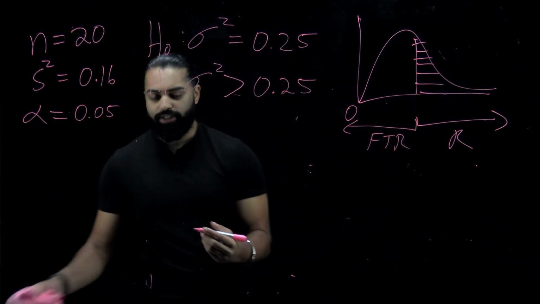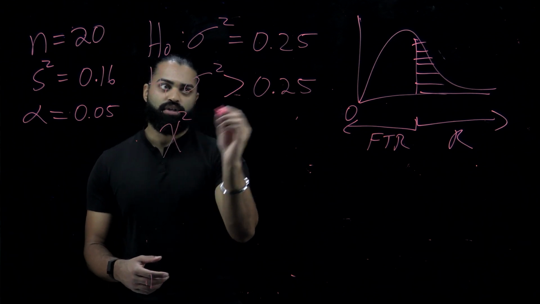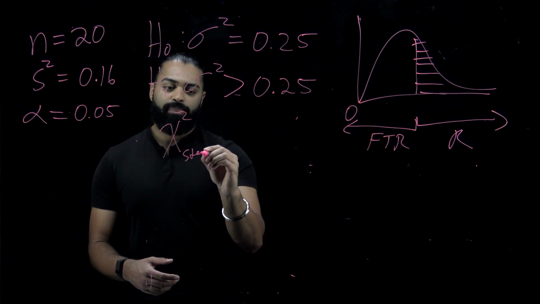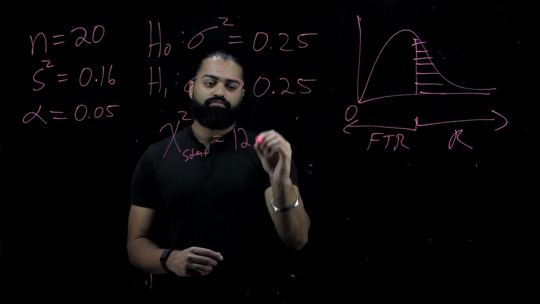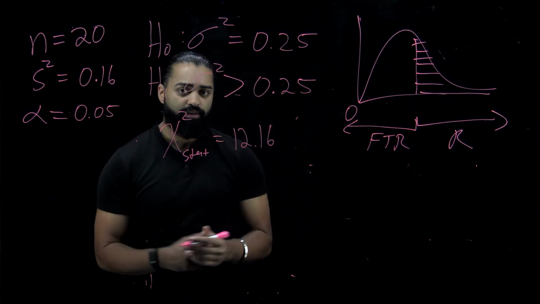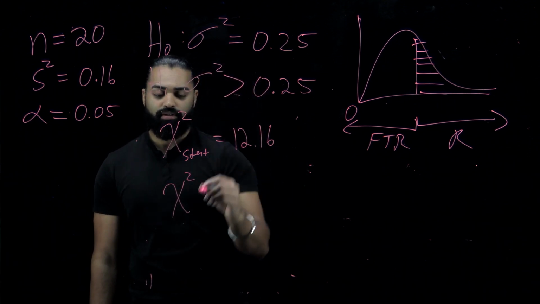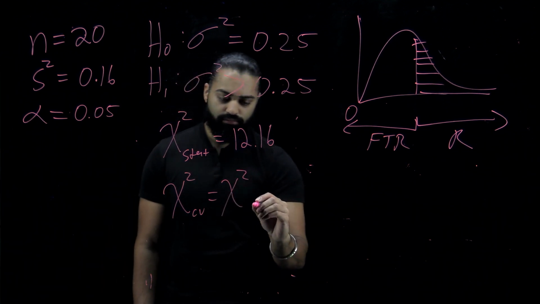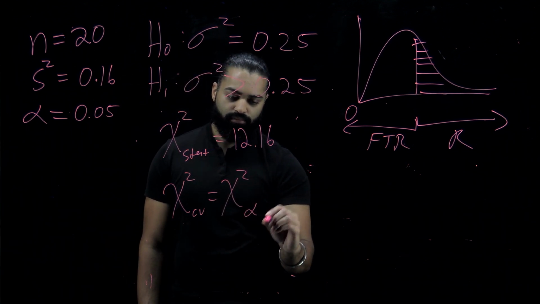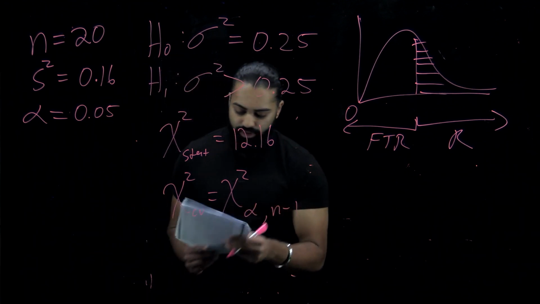So we still know our chi-squared test statistic for this problem. That hasn't changed no matter what we do in terms of the sign. In this case, it was 12.16. That's from what we just did. Now, the chi-squared critical value for a right tail test, so when it's greater than, is alpha, n minus 1. So I've already looked this up on my table.